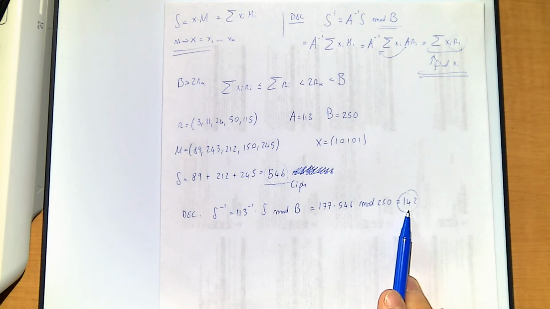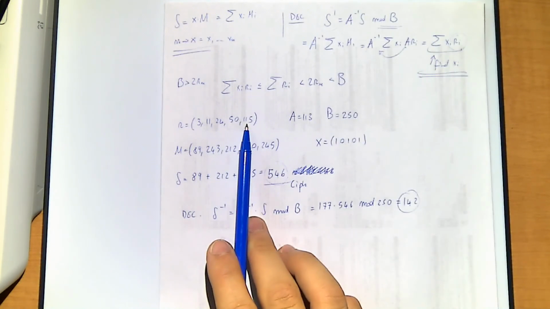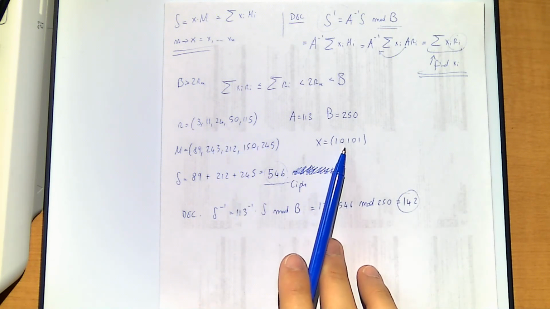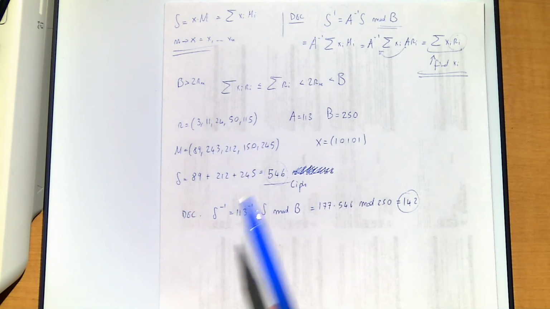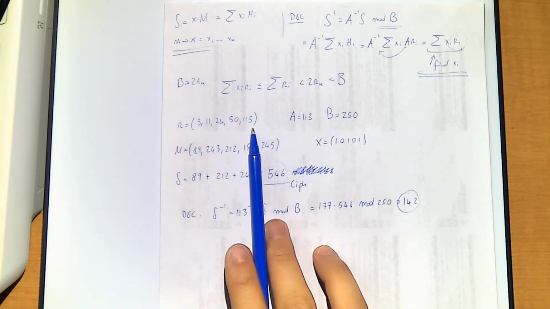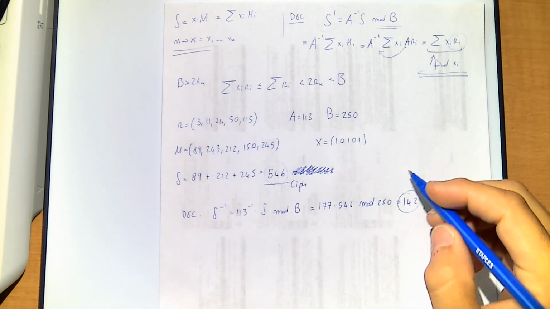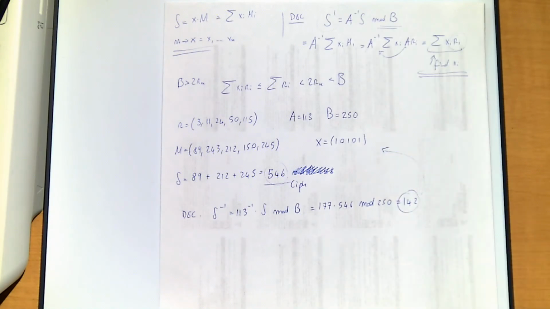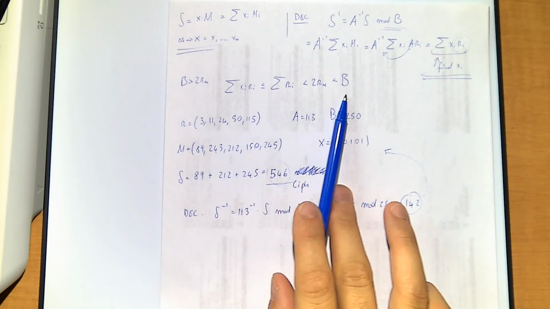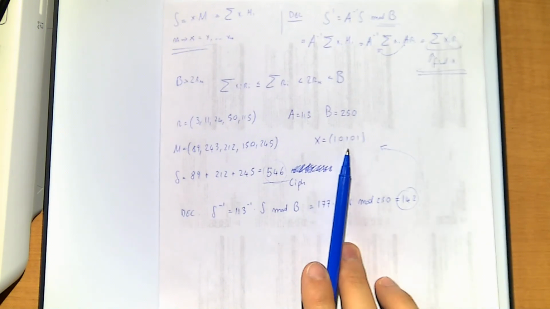Well now 142, I can solve in a super increasing sequence. This one, the original one, right? And in fact, we did that in the example before. It gives me exactly that. I don't have to do the calculations again, right? You see, 142 is bigger than 115, and so on. So that gives me exactly this sequence here. Okay, and then I know because of these restrictions on the size that that's exactly the message I was looking for.